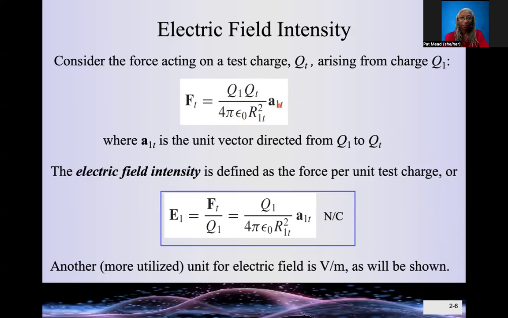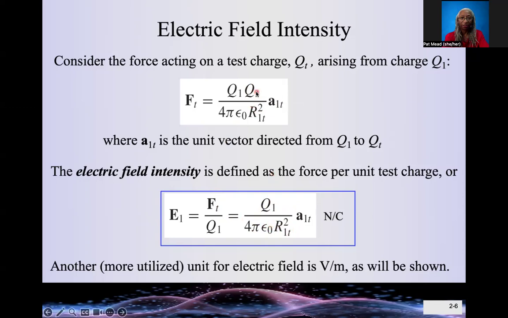What we're saying is that this portion of our term is our electric field. This is the E, including the vector. And this is the Q. F is equal to Q times E. So here's an expression for the electric field, and this is the electric field created by Q1.